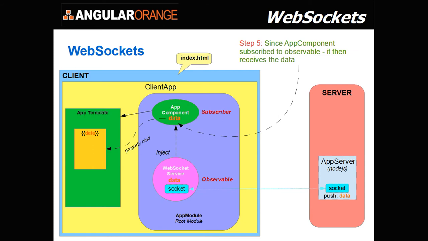The WebSocket service is injected into the app component. So when the app component first instantiates, it's got a handle on the WebSocket service, and in that constructor or something, I already subscribed to that observable. So as I'm getting the data, I'm updating instance attribute values in my app component.